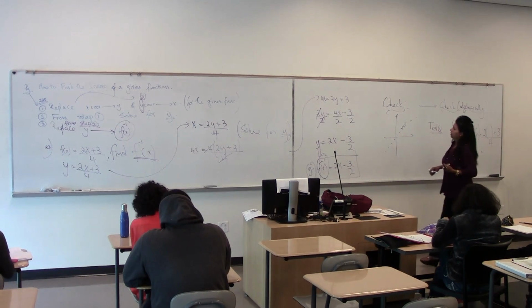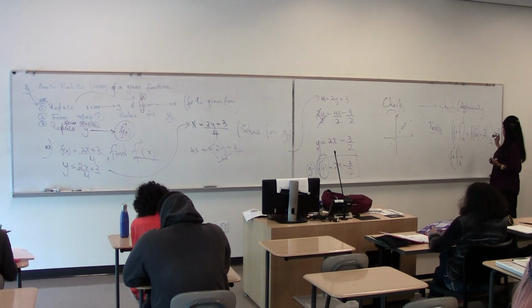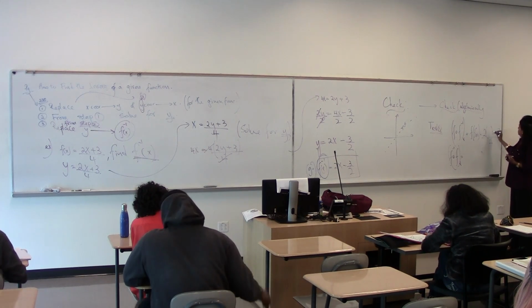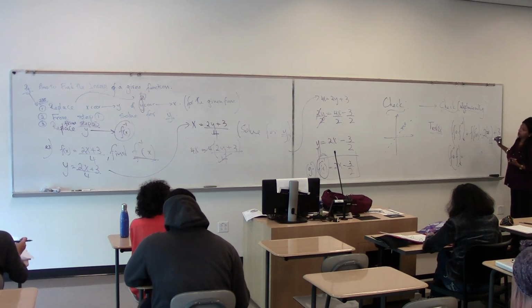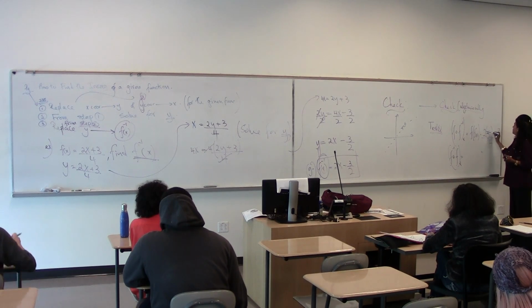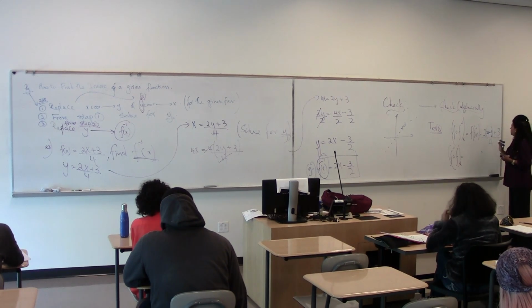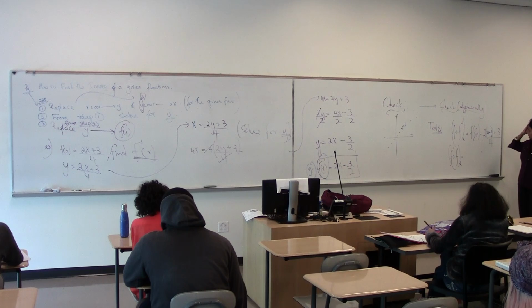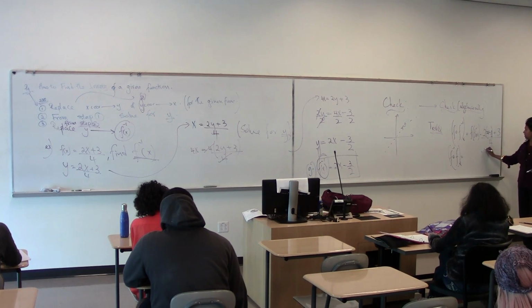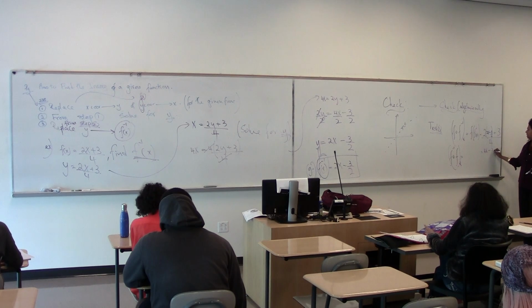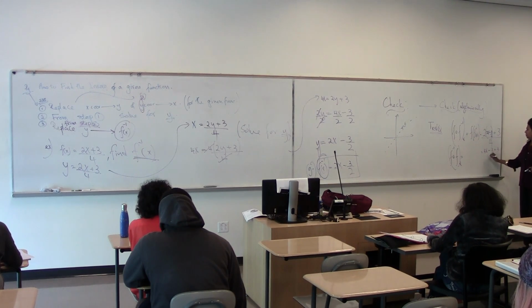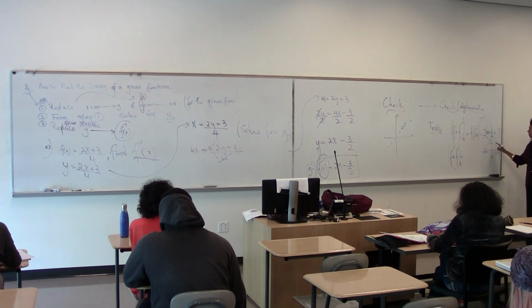That's right. Okay, so I need to write here 2x, I just want to make sure there's no mistake, minus 3/2. So we get 4x minus 3 plus 3 over 4.